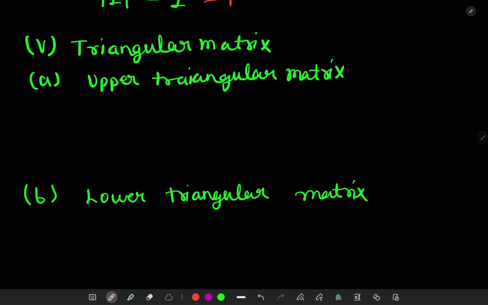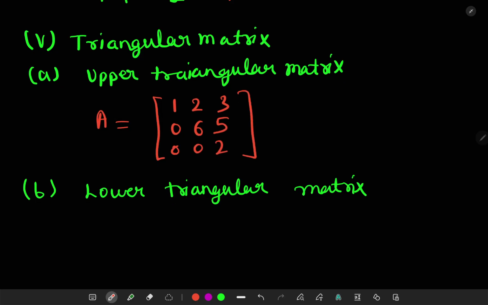Now triangular matrix. Triangular matrices are of two types: upper triangular matrix and lower triangular matrix. In the upper triangular matrix, elements below the diagonal elements are 0. As you see in this example.